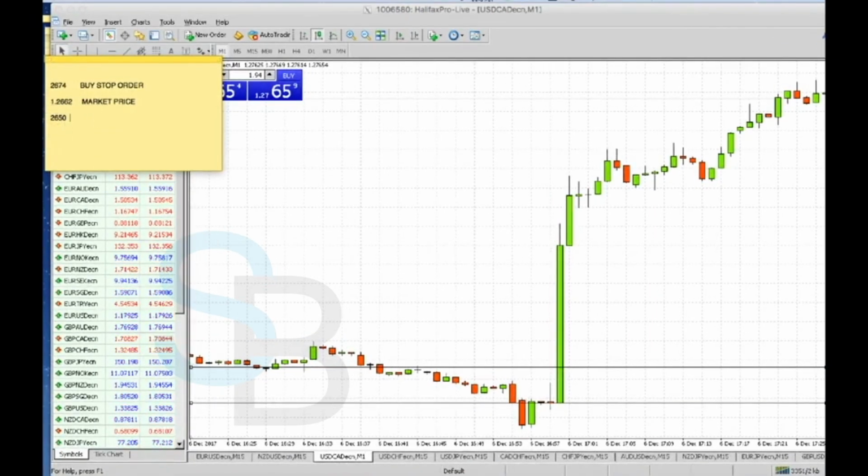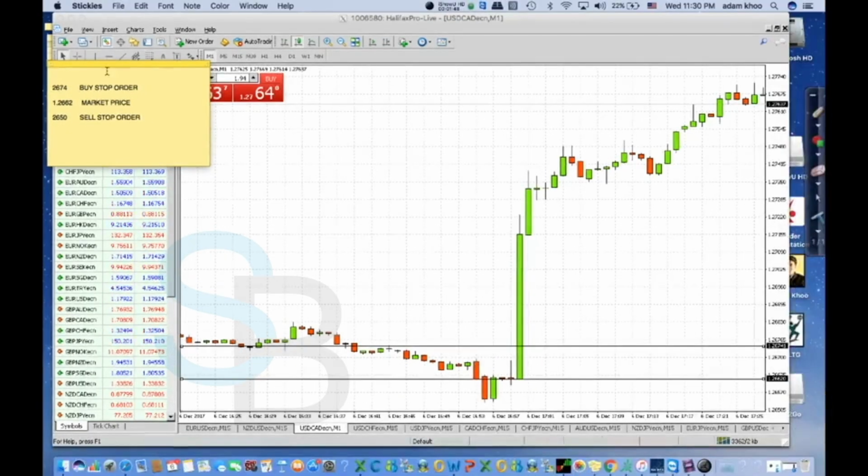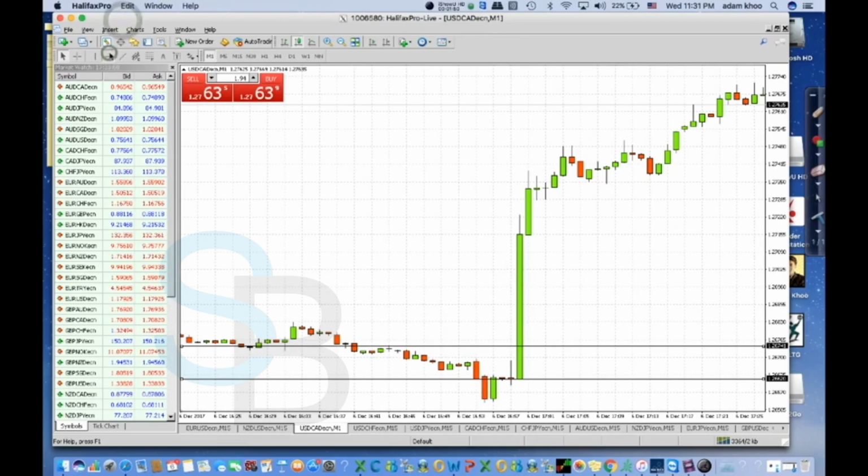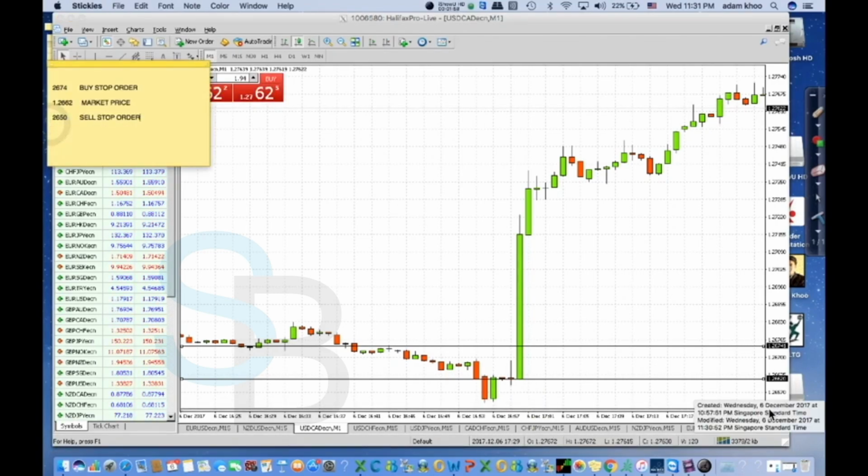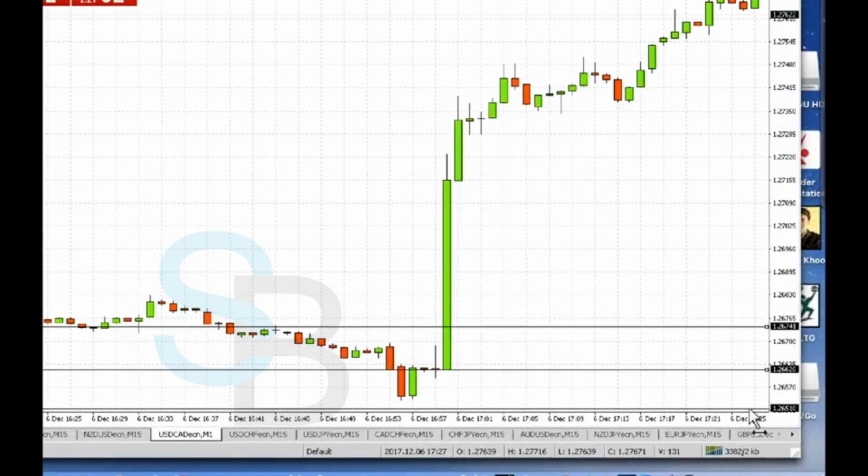Now I simultaneously put a sell stop order 12 pips below that market price. So 2662 minus 12 is 2650. All right, so if you recall, I then placed a sell order at 2650, right, which was somewhere there.